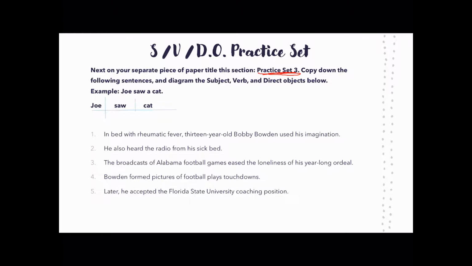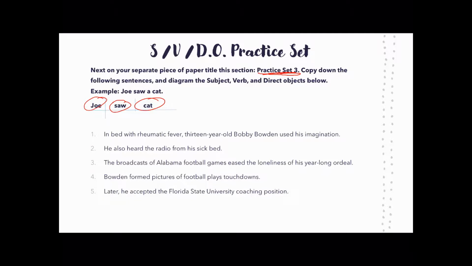So our example here, Joe saw a cat. Our action is saw, right? Who saw? Joe. And what did Joe see? A cat, right? So Joe is our subject, saw is our verb, and cat is our direct object.